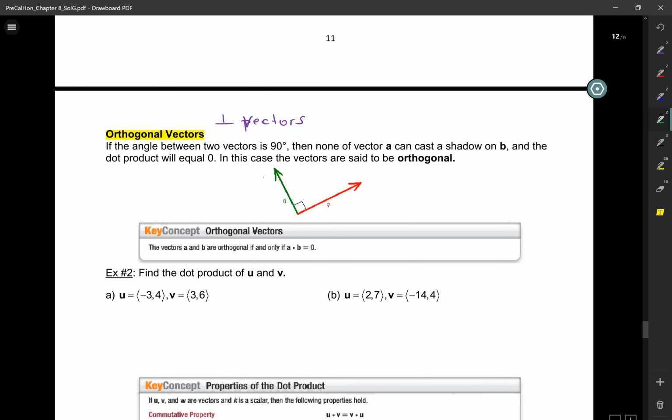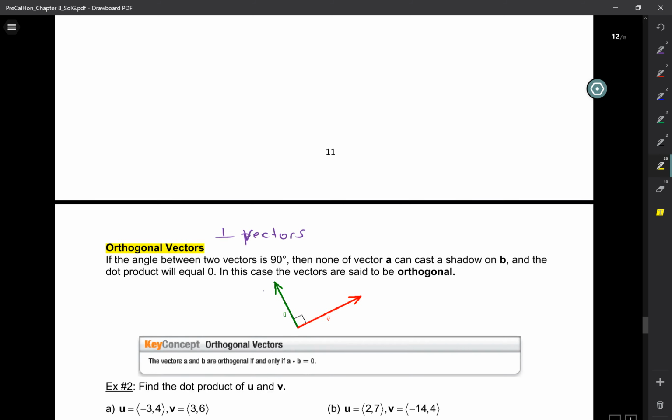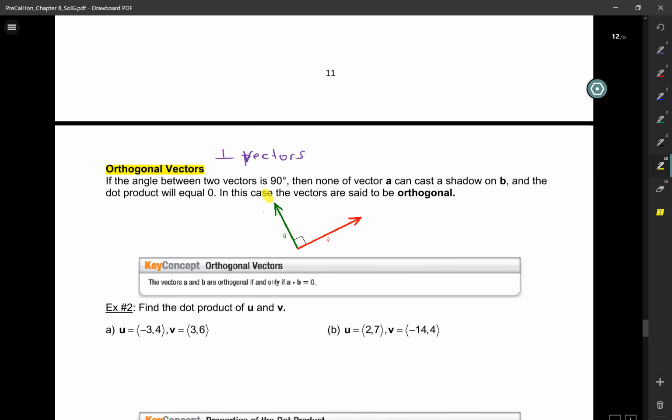Now, if I were to shine a light, remember, when I shine my flashlight, it's always perpendicular to this, right? So if the flashlight is perpendicular to that, how much of the green's shadow will be cast on the red? None of it.